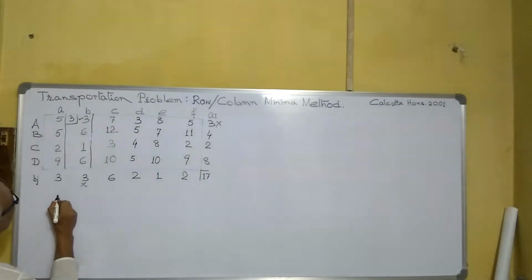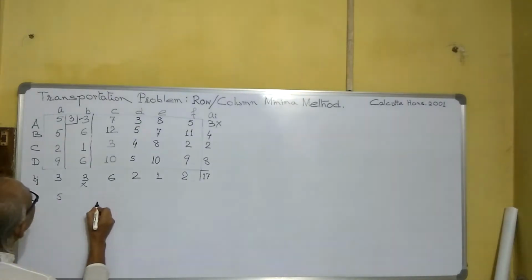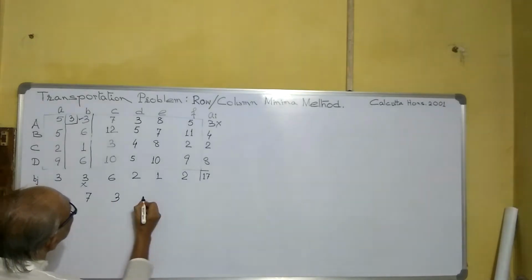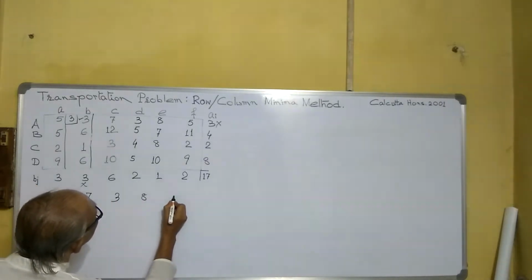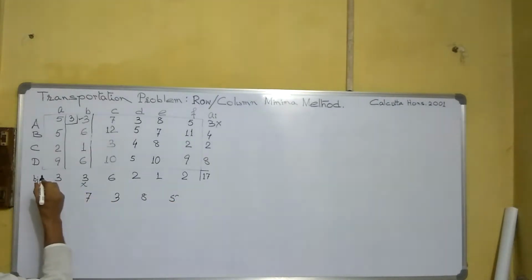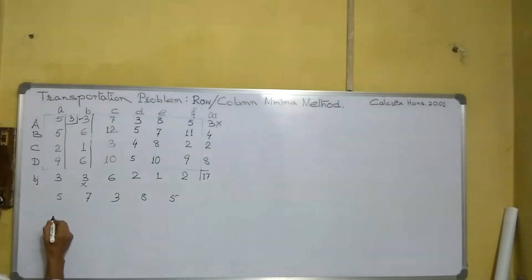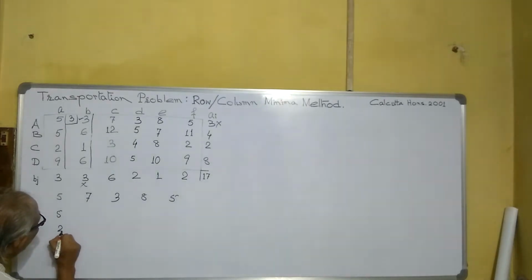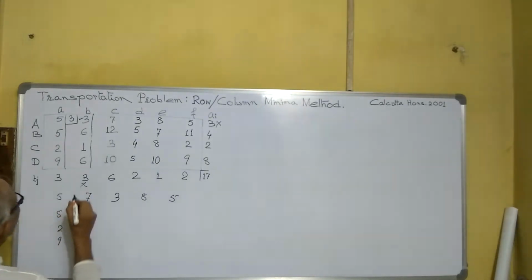Now remaining is 5, 7, 3, 8, 5. Here it is 5, 2, 9.